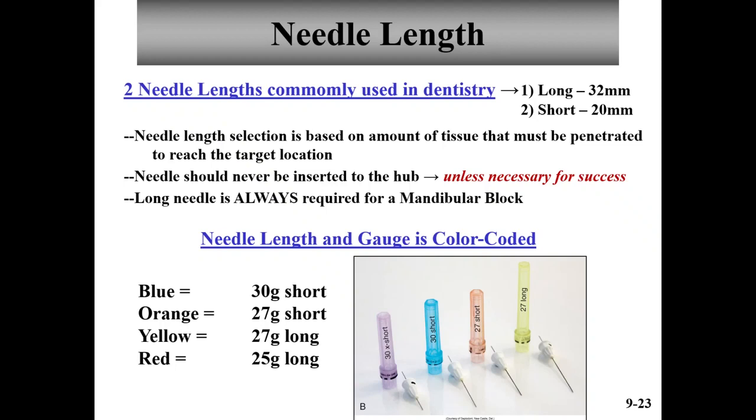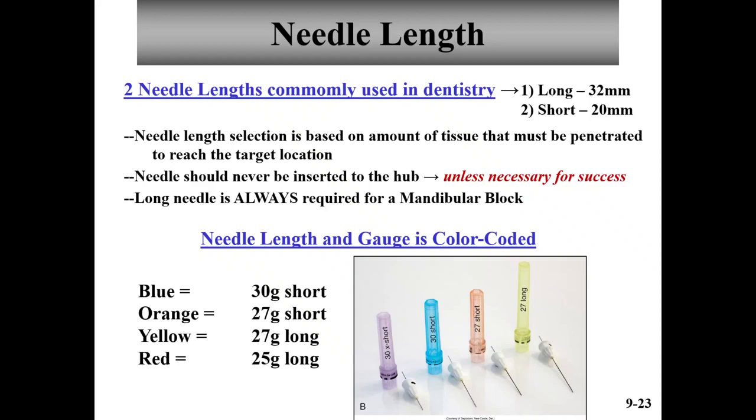You always must use a long needle for a mandibular block. It is not safe to use a 30 gauge needle for a mandibular block. You may work for a dentist that uses a 30 gauge needle for a mandibular block. You know better. Don't do it. You're more likely to miss a block because you can't get deep enough.